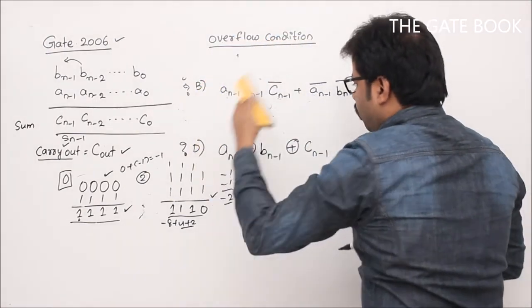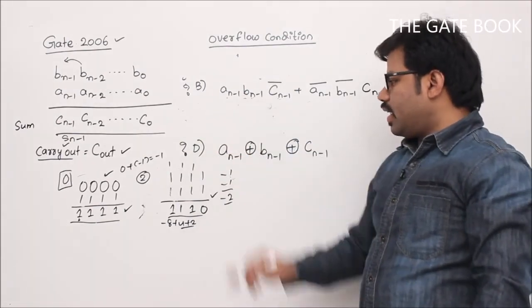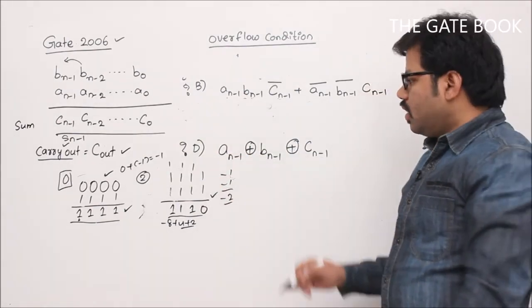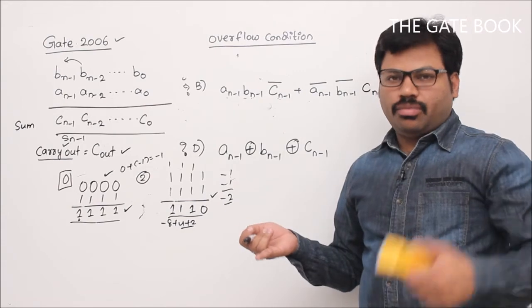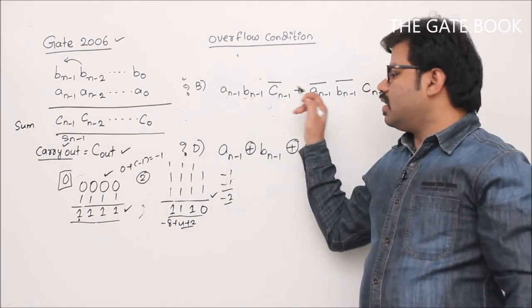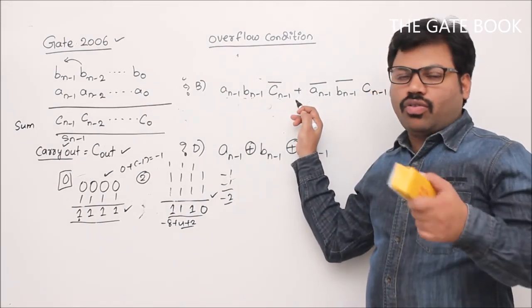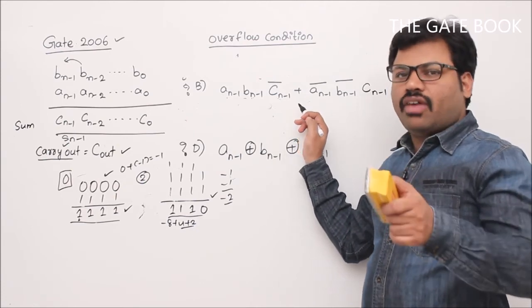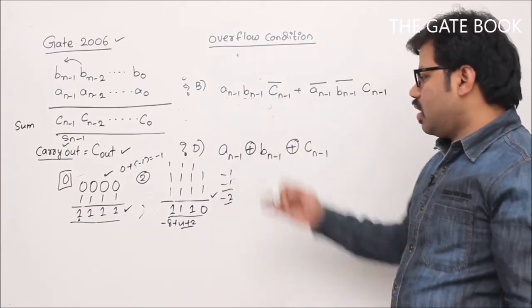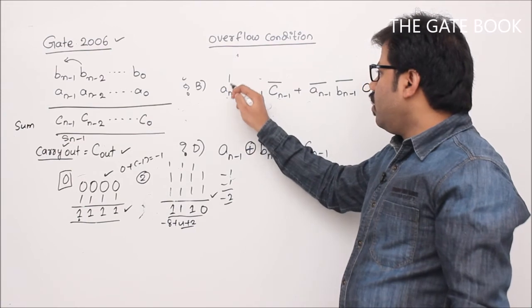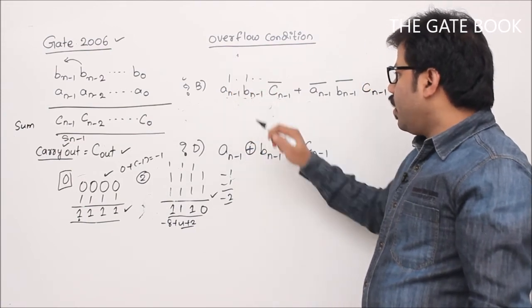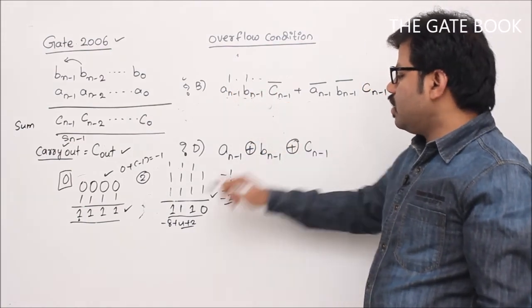Now B and D. Since we know that B is the correct answer, we try with D. Okay, sir, but how do you know that B is the correct answer? Already we have seen that this is representing the overflow equation in our discussion. If you still have doubt, just substitute now. An minus 1 is 1, Bn minus 1 is 1, 1 into Cn minus 1 bar. Cn minus 1 is 1 here, right?